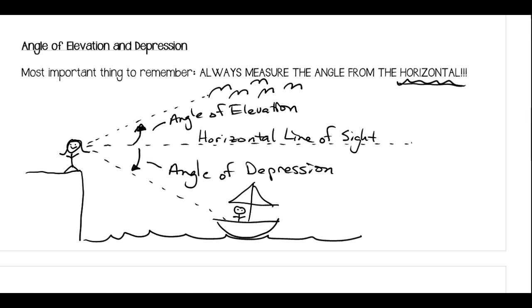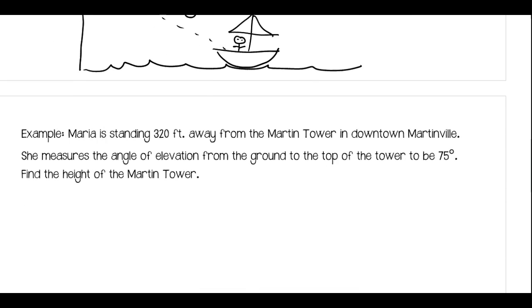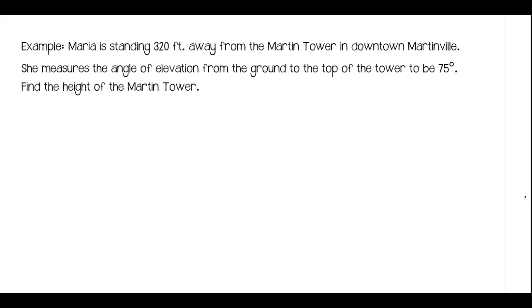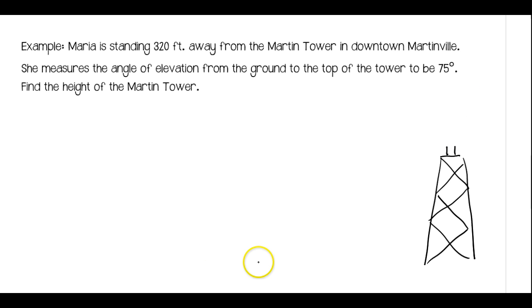So let's take a look at a quick example. Maria is standing 320 feet away from the Martin Tower. So let's draw the Martin Tower here, and here's the ground, and here's Maria way over here, and she's standing 320 feet away.